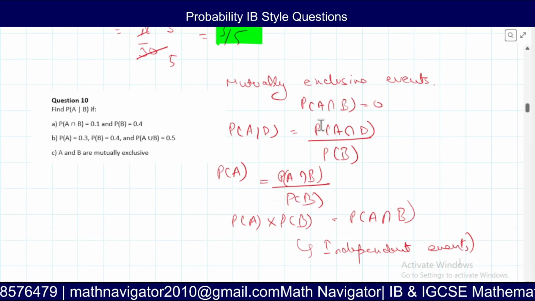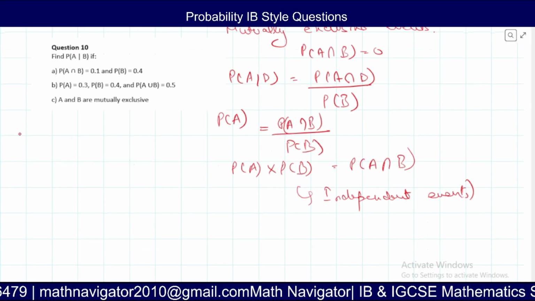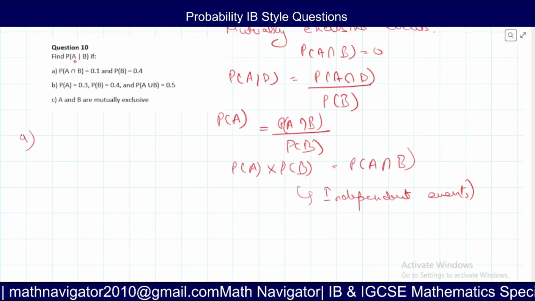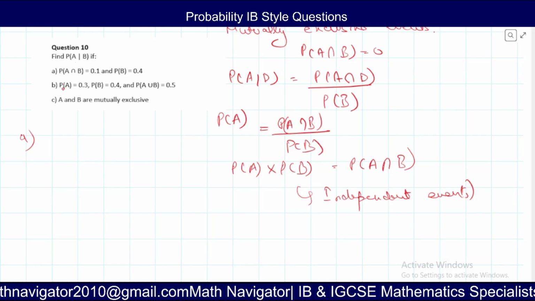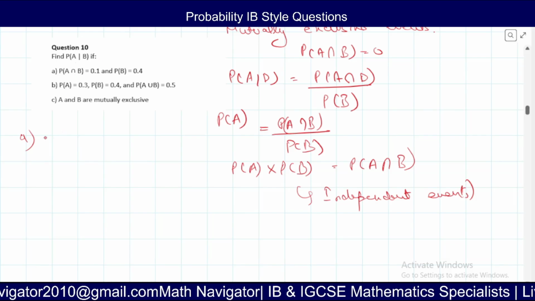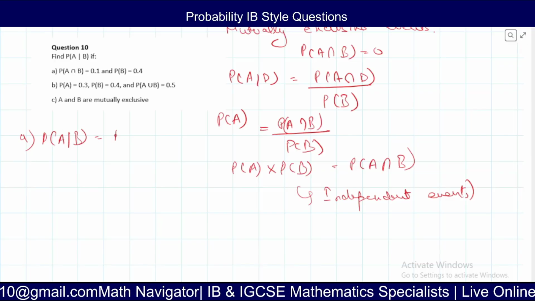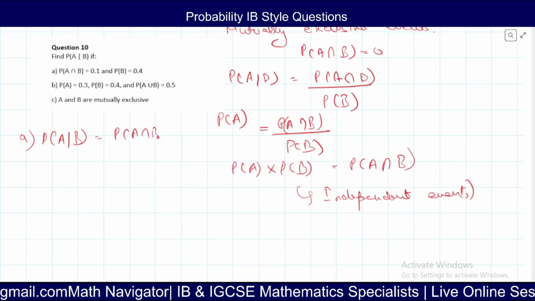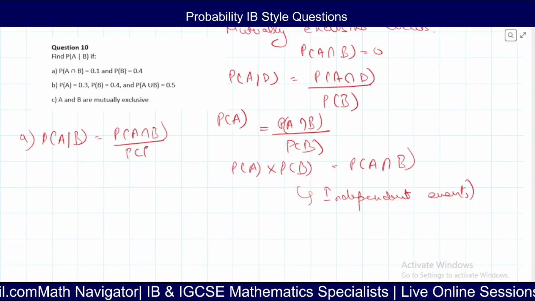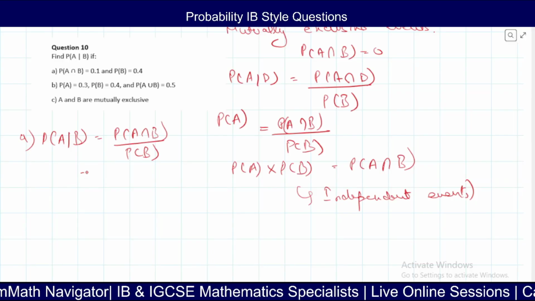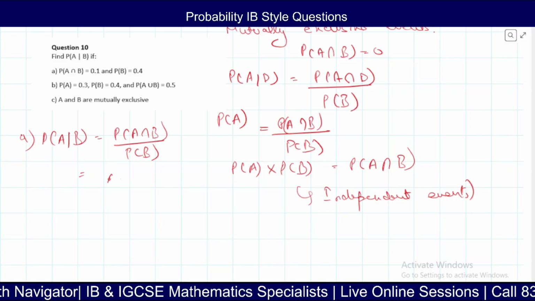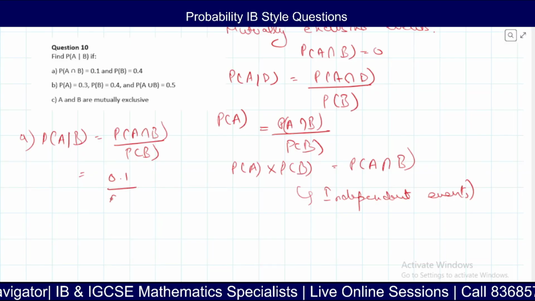So let's do the A part. What the A part is saying is probability of A given B, because we have to find it. We already know the formula. Probability of A given B is equal to probability of A and B divided by probability of B. Probability of A and B is 0.1 divided by 0.4.